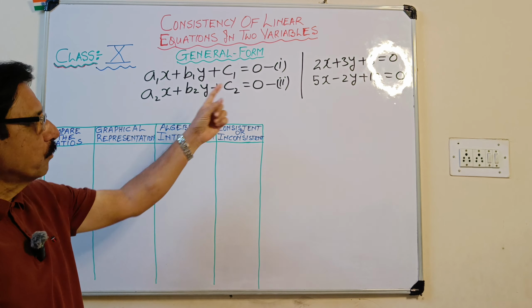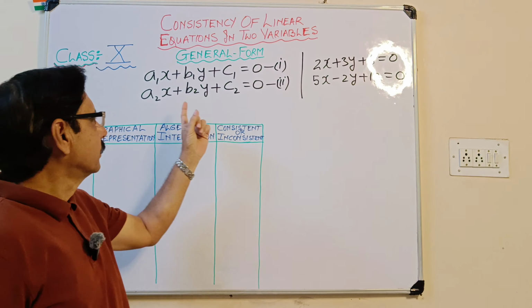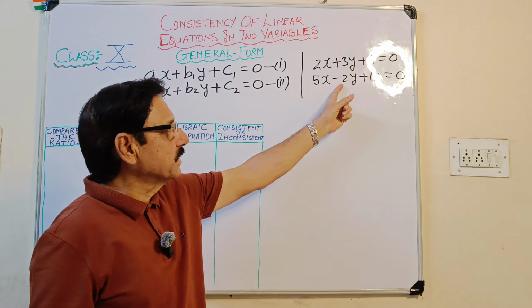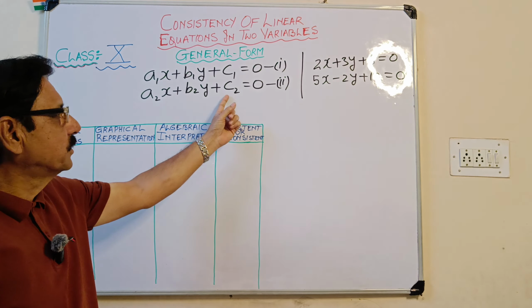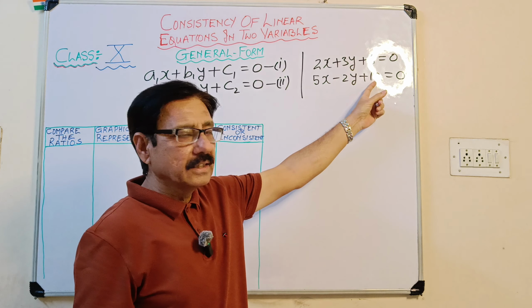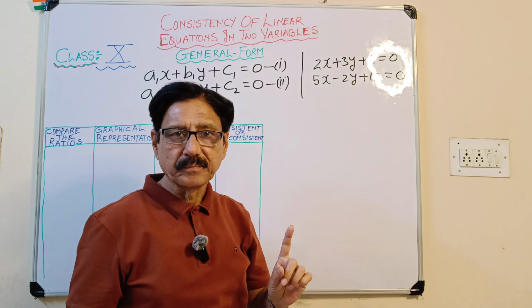Same way with the second equation, a2 is 5, b2 is minus 2, so the sign is also very important, and c2, the constant term, is 10.